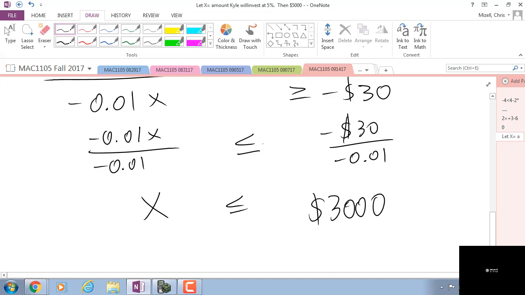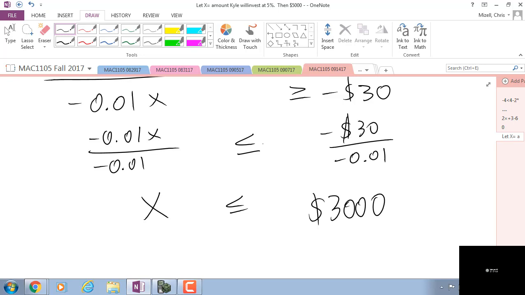So Kyle wants to make at least $270 in interest. If he puts too much in the 5% account, $3,500, $4,000, $4,500, $5,000, if he puts too much in the 5% account, he's just going to make at most 5% of that $5,000, which is only $250.